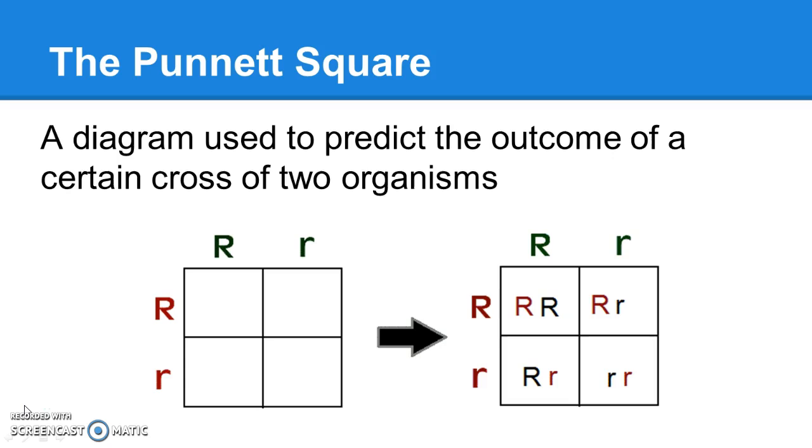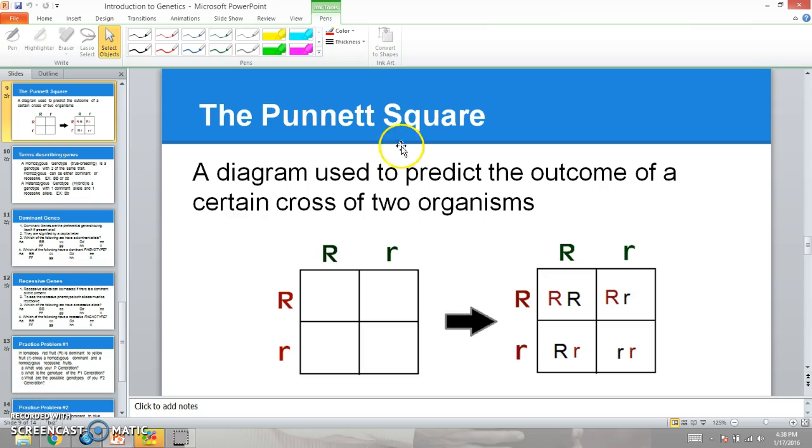As you can see, we're going to draw lines in order to see where the actual alleles go. I'm going to show you this in just a second. So as you can see here, if we come down here, we're bringing this down, and we're bringing this over.